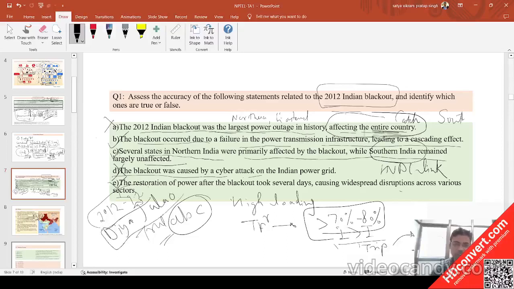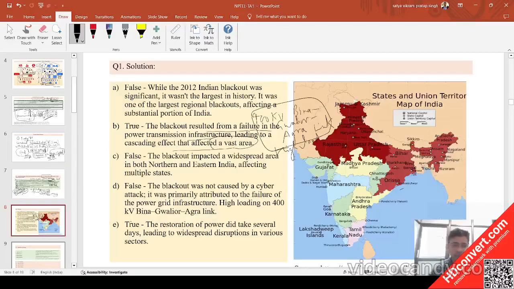People were saying that electricity will not come for 2 to 3 days. That Diya Jalao Abhiyan was there to fulfill the need of this blackout. So restoration took several days, and this is not due to any cyber attack. I will come to this cyber attack.